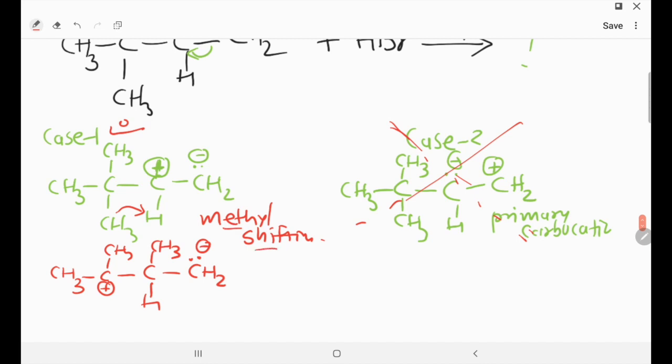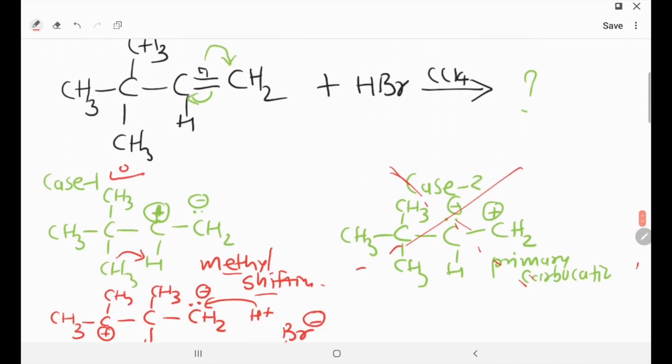Now bromide Br minus is added on this particular stable cation and H plus is added on this particular group. So your answer will be CH3, C, CH3, here Br, here C, here H, here CH3, here CH3.